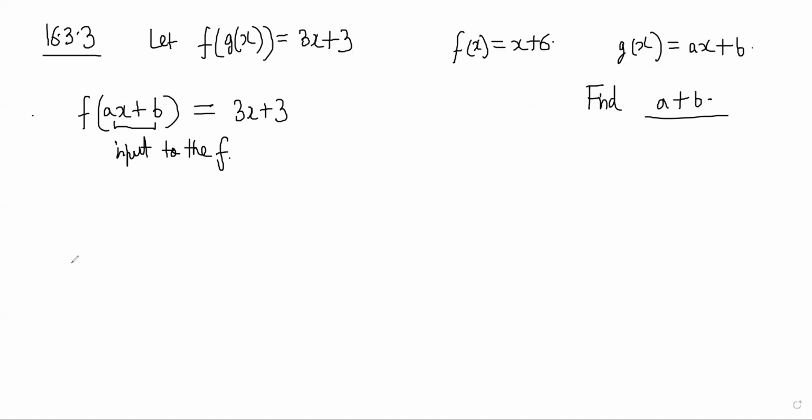Oh, sorry, x is the input. Yeah, the coefficient's 1, sorry. So it'll just be ax plus b plus 6 is equal to 3x plus 3.